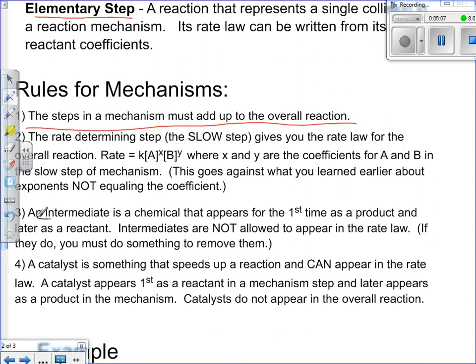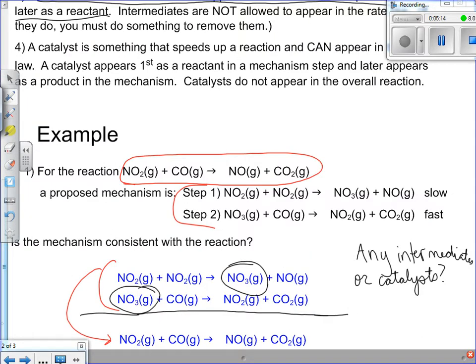We see an intermediate is a chemical that appears for the first time as a product and later as a reactant. Let's see what happened here. NO3 is appearing for the first time as a product and later as a reactant. Looks to me like NO3 is an intermediate.